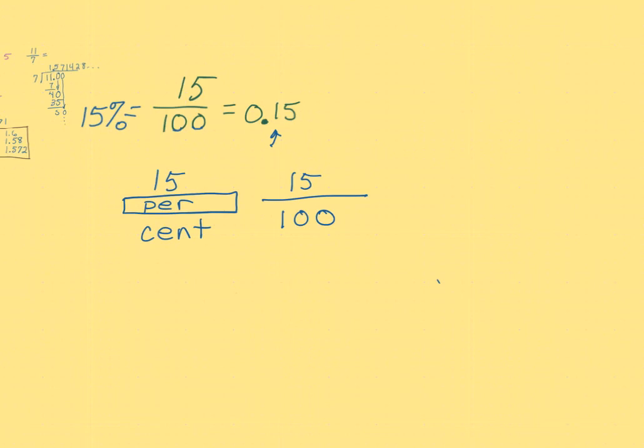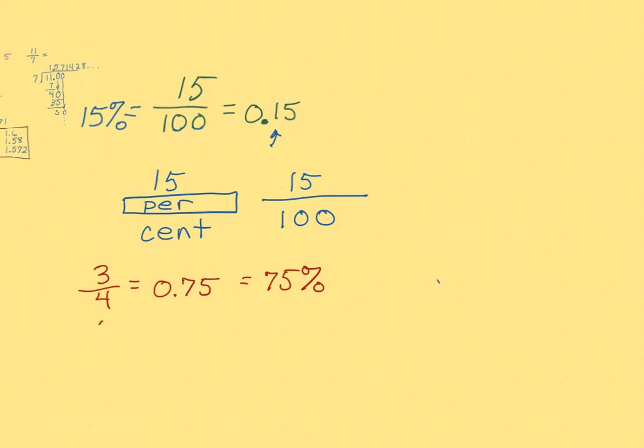And there are some common fractions for which you should memorize their percentages. 3 divided by 4, or 3/4, is equal to 75 hundredths, which is equal to 75%. It is the same amount of something expressed as a fraction, a decimal, and as a percent.